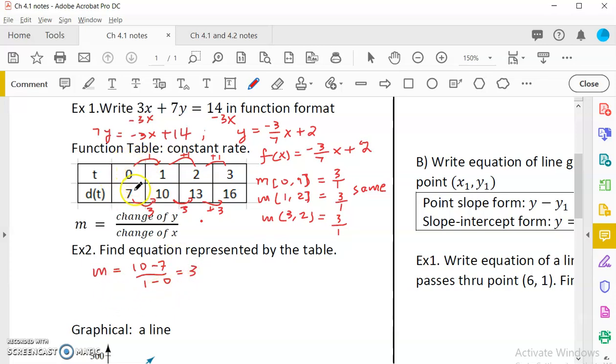When t equals 0, y is 7. So b is 7 because that's the y-intercept. Or in this case, it's actually called the t-intercept. So my function would be d of t equals mt plus b, which is 3t plus 7.